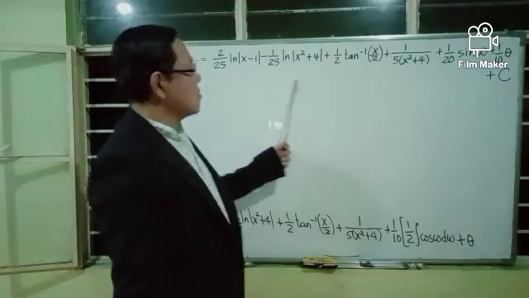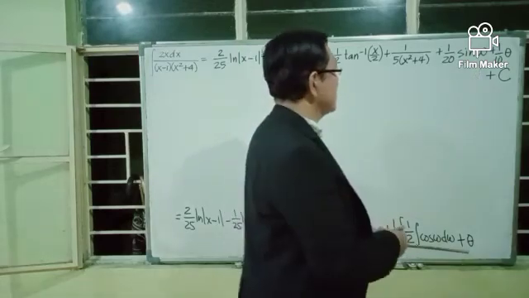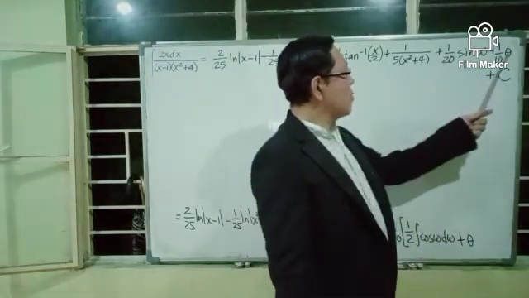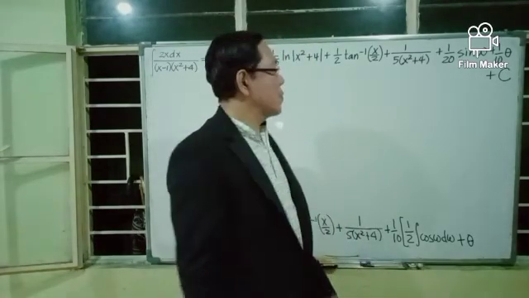And the first four terms are the same. We replace w with 2 theta. And theta we replace with inverse tangent of x over 2.